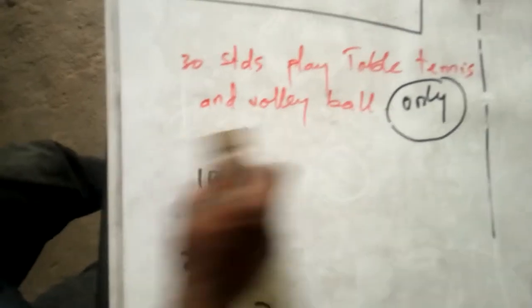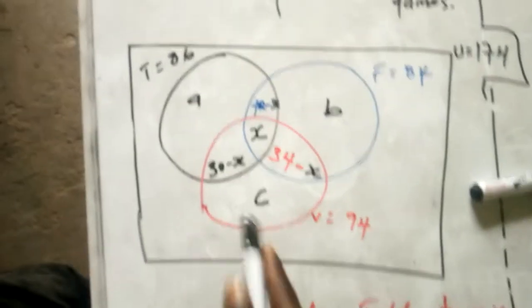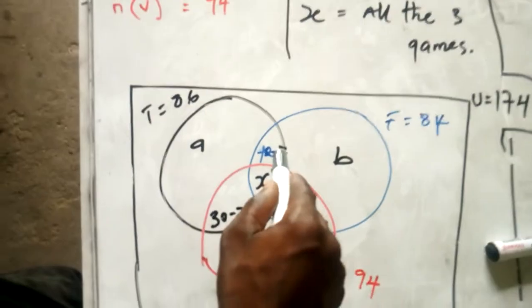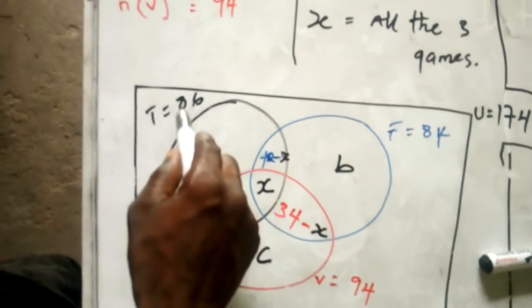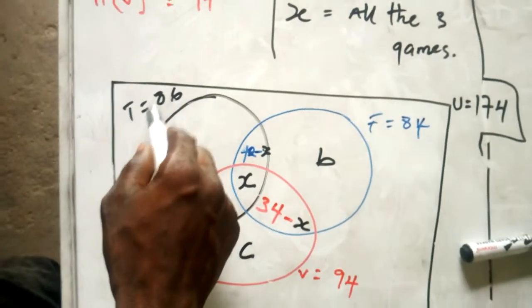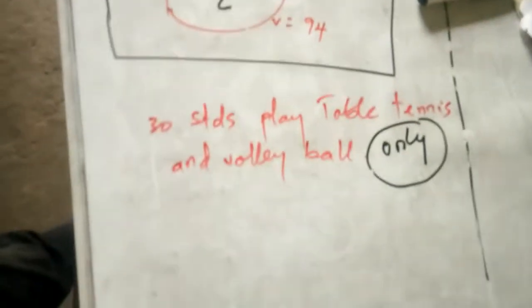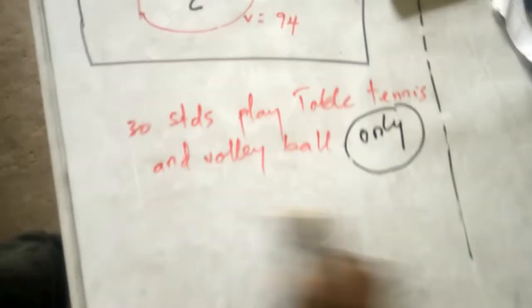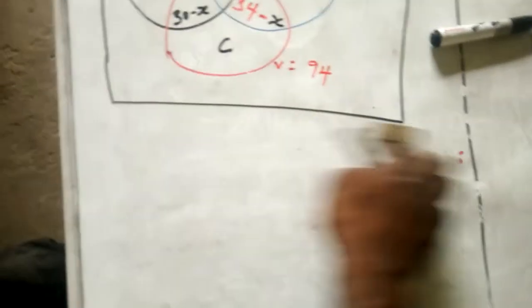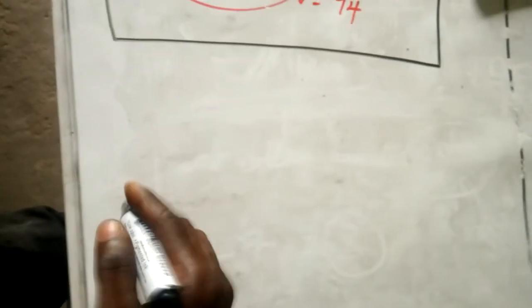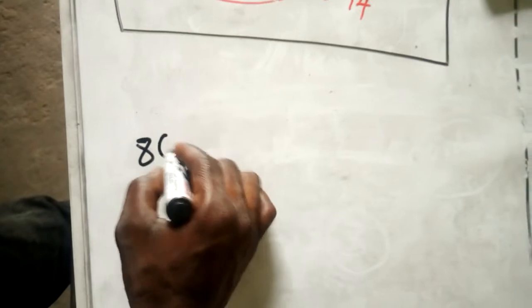Okay, so the same idea here. Let's check here. So I will take this 3 portion here out of the entire people who play table tennis, so that I will get this portion only, right? So let's do the calculation over here. So I'm having 86, right?